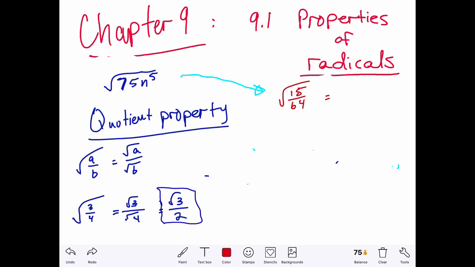Well, let's move the radical to each. The square root of 15 over the square root of 64. So the square root of 15 has no perfect squares hiding in there, so I leave it as the square root of 15. And what's the square root of 64? Well, 8. What number multiplied by itself is 64? 8. So we'd simplify that into the root 15 over 8. That's our answer, okay?